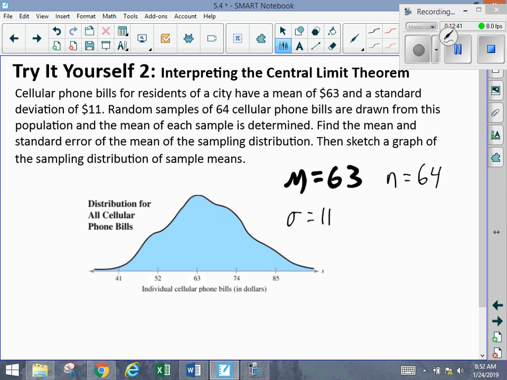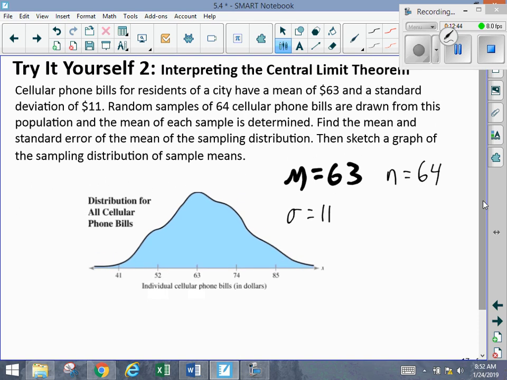We have a formula that tells us that the mean of the sampling distribution is the same as the mean of the population, which means that it's just 63.